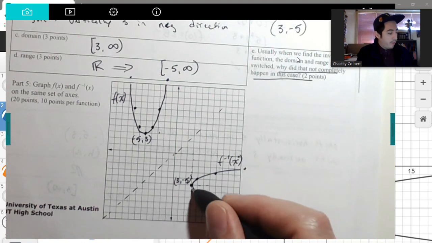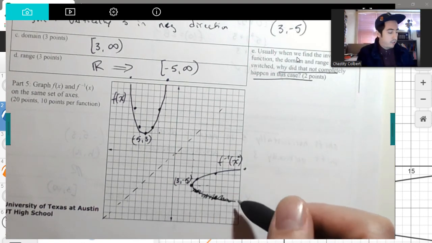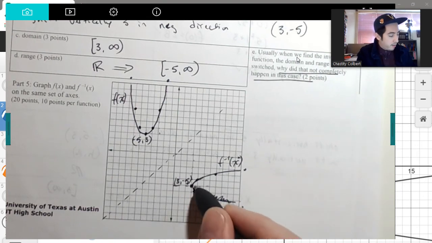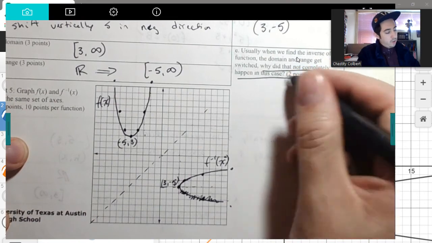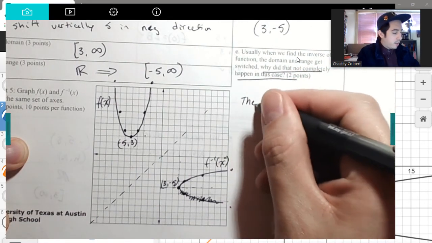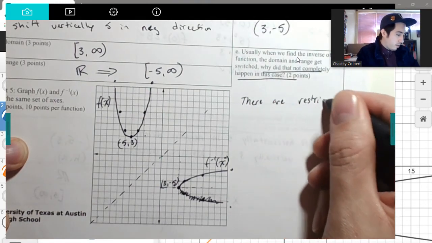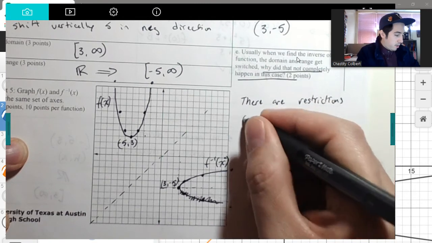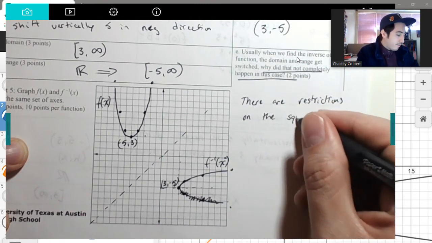So I would not graph the rest of this, or just make notes. It should only be this line.